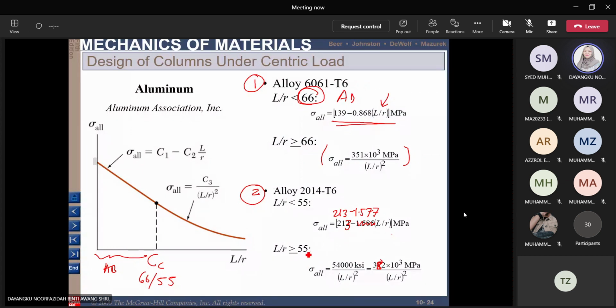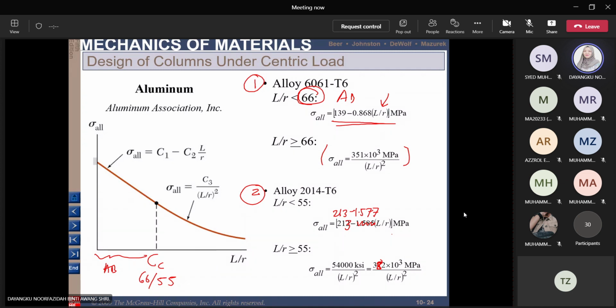You can choose either one and then check whether your loading is correct or not. So let's try with the value of bigger than 55 because this is more or less elaborated. So we can get the value of 382 times 10 power of 3 MPa divided by L over R square. So R is given there, and then we can calculate the value of allowable stresses.